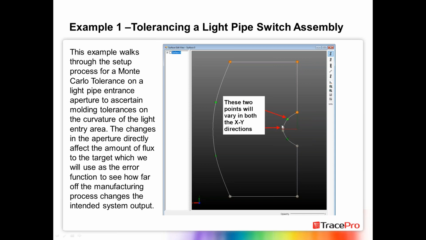In this case, as you can see, we've got this inner area defined by several control and segment points. This is a symmetric profile, so anything I do to the bottom will also be done on the top. When I change the control segment point on the top, it's also going to happen on the bottom as well. So I only have to set up two variables. This is really nice and quick.